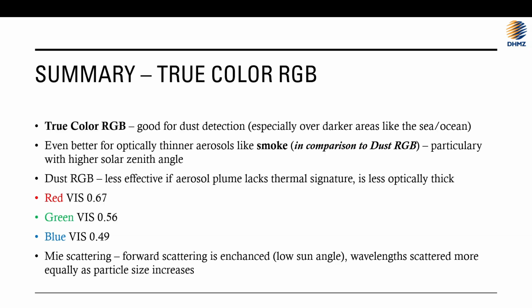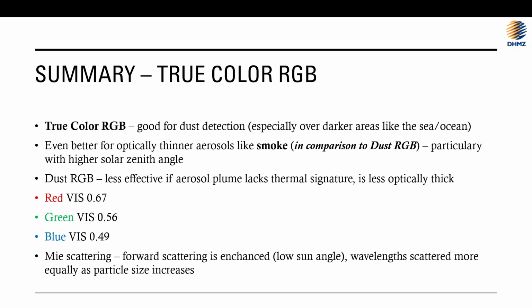Dust RGB is less effective if the plume lacks a specific thermal signature or difference in regards to the surrounding, or if it is less optically thick in the given wavelength, and given that the smoke particles are smaller than dust particles, it is less optically thick in the infrared wavelengths.